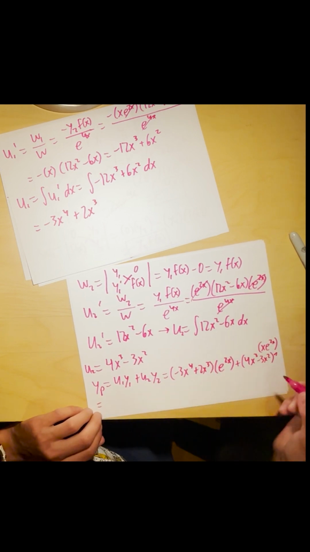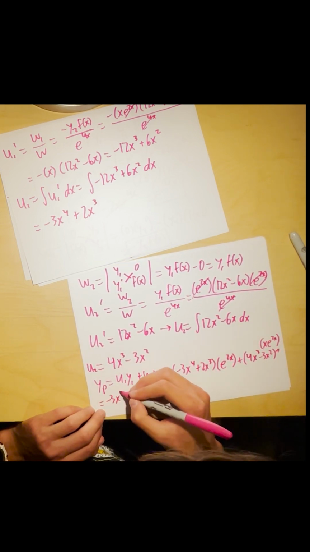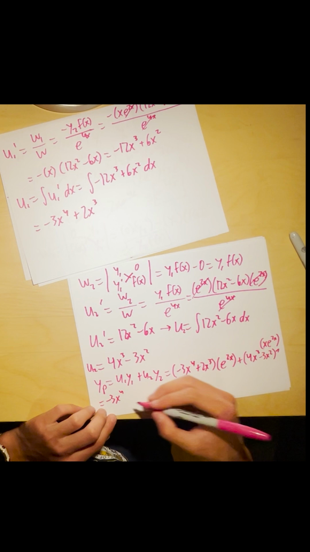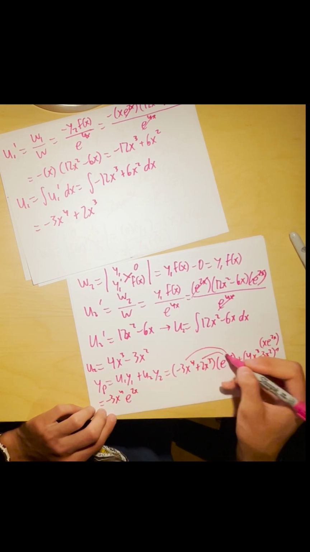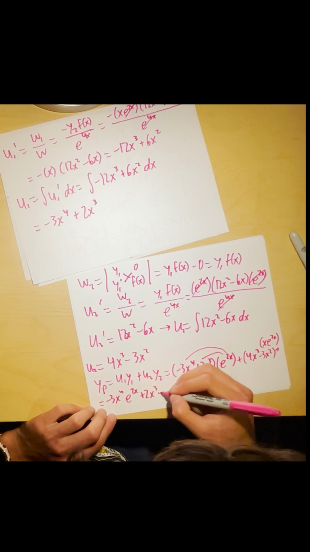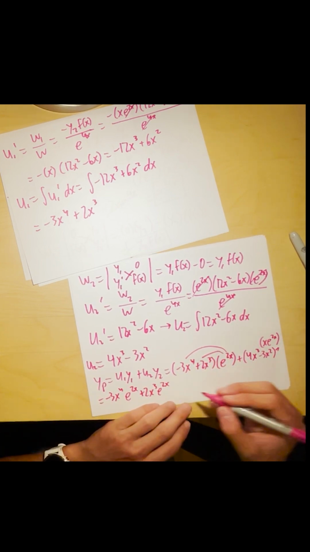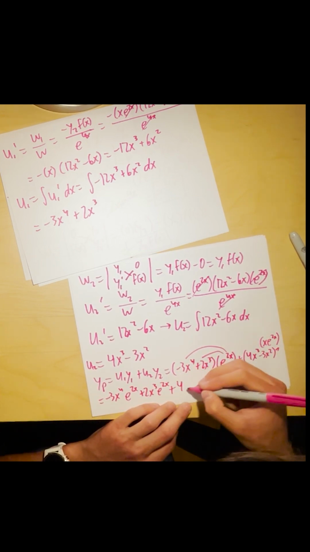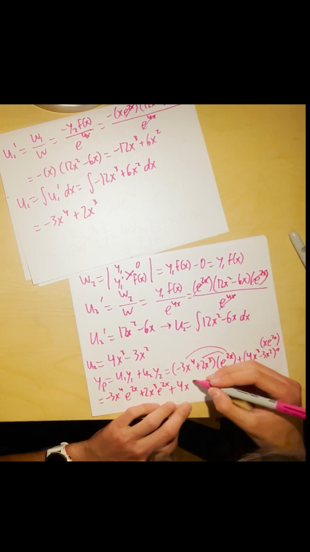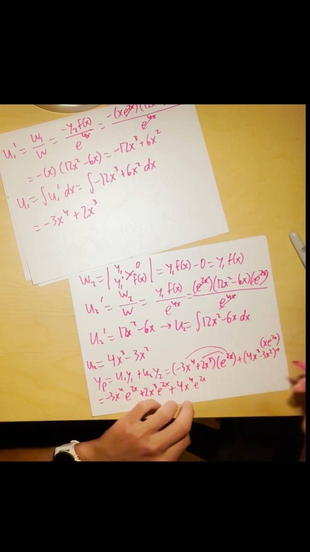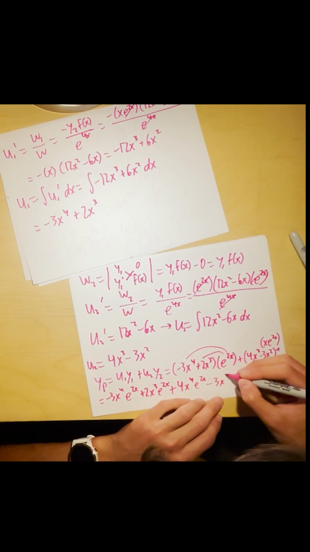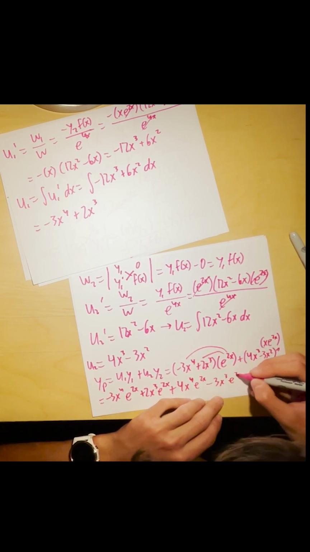So now distribution gets us negative 3x to the 4th e to the 2x, and then plus 2x cubed e to the 2x, and then same thing over here. But we have this x, so we're going to get 4x to the 4th e to the 2x, and then minus 3x cubed e to the 2x.